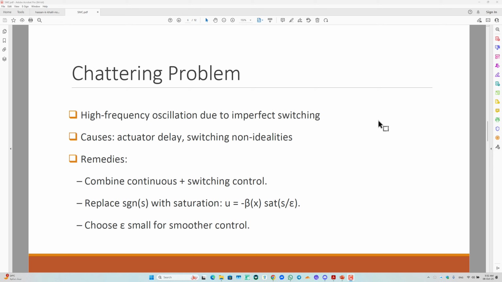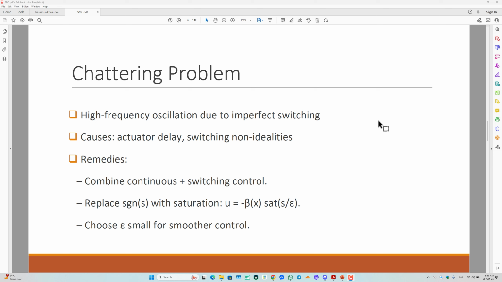Remedies include combining a continuous term with the switching term or replacing the sign function by a smooth saturation function. What does this mean? The problem can be addressed by combining a continuous term with a switching term or replacing the sign function totally by a smooth saturation function, not a typical saturation function. All right?